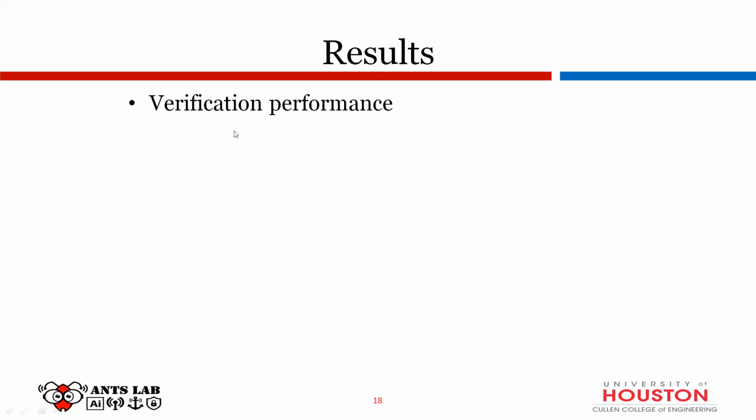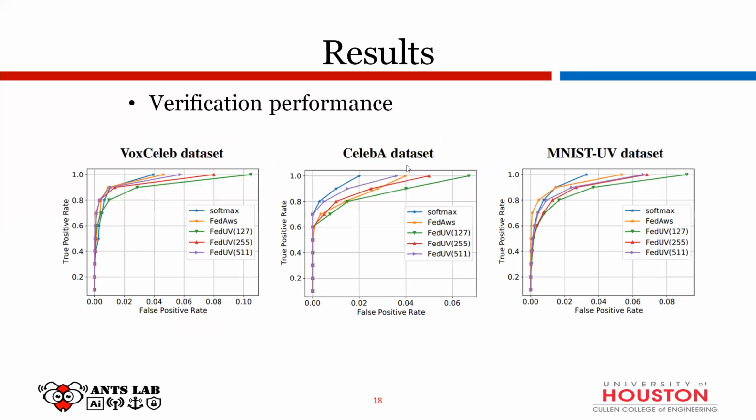So here are their results for verification. First is the verification performance. These are the three different data sets used. As you can see in this picture, the y-axis is the true positive rate and the x-axis is the false positive rate. So for better performance, the false positive rate should be lower.